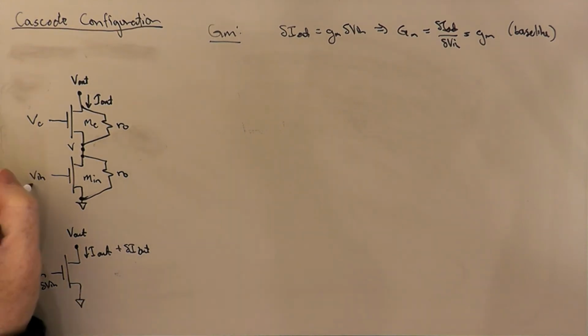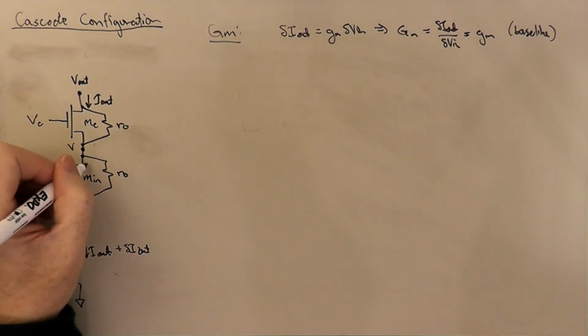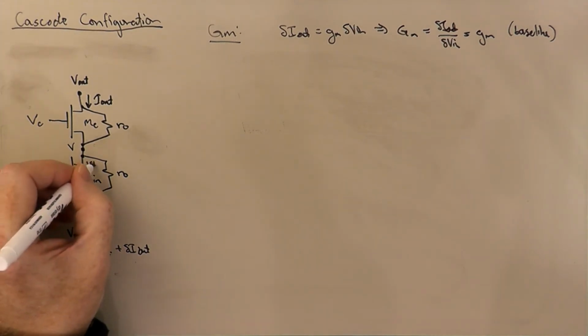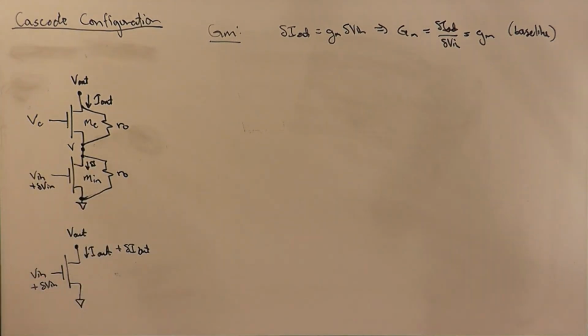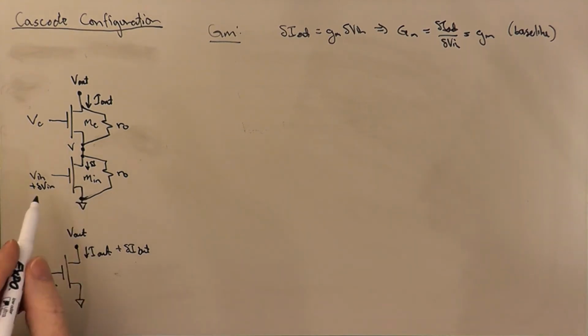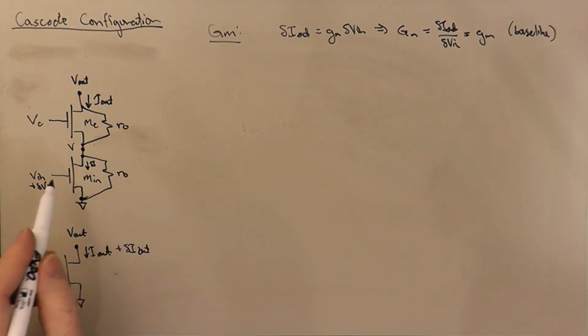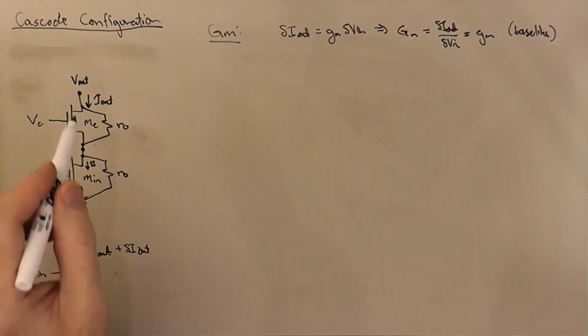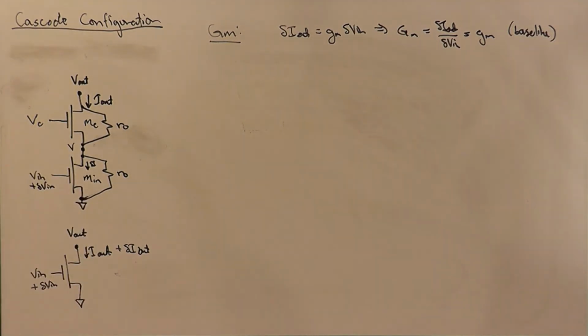When we apply our delta V in to the cascode configuration, that's going to create some current here, which we could call delta I. That delta I is just given, like it was down here, by the little GM of our input transistor times delta V in. But we want to know how much of that delta I gets to the output.